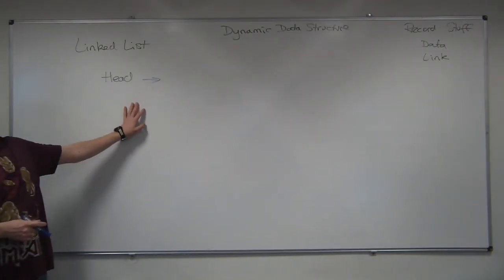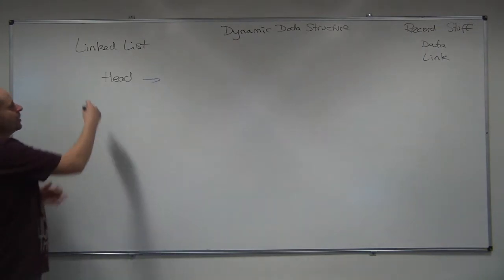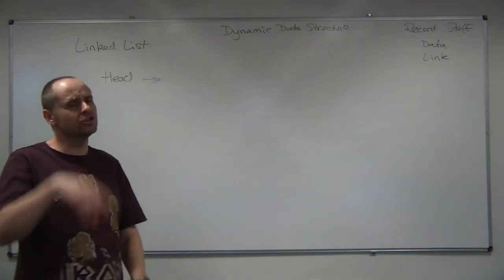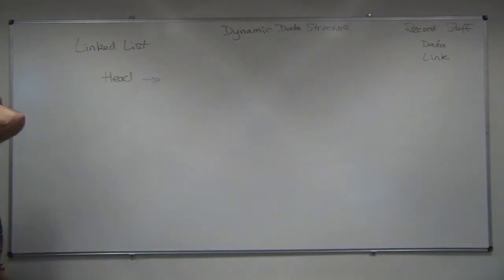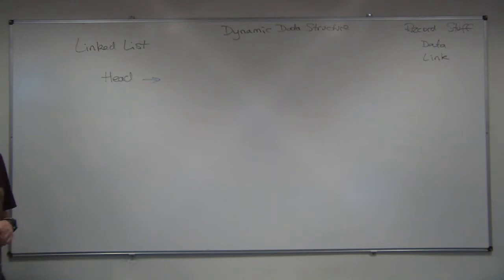Right. So if we have got no items in our list, what do you think? This head reference becomes a pointer, just like when we talked about the trees the other day, the root node. What does it point to if there's nothing? Does it point to zero? Nope. Does it bring up an error?